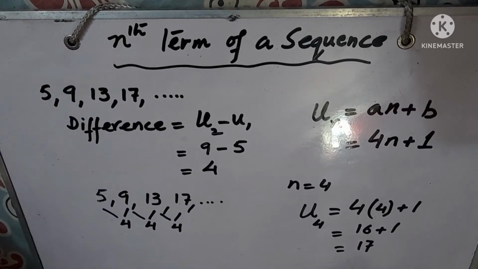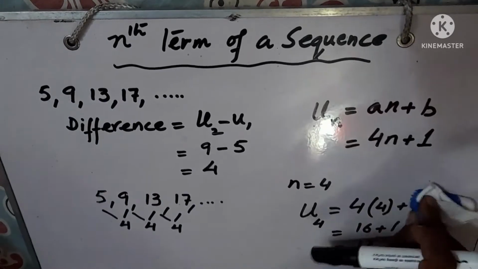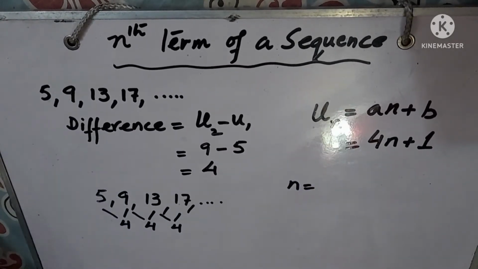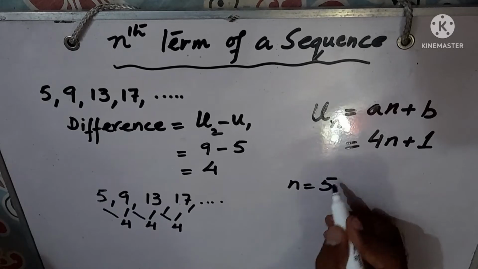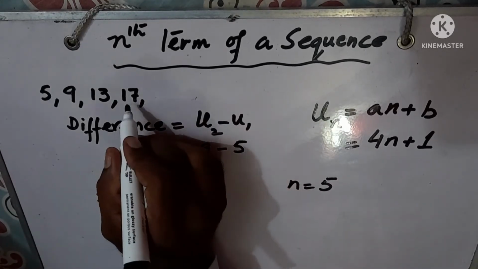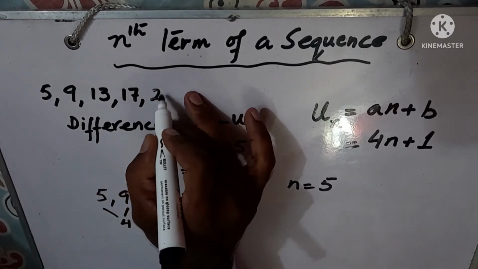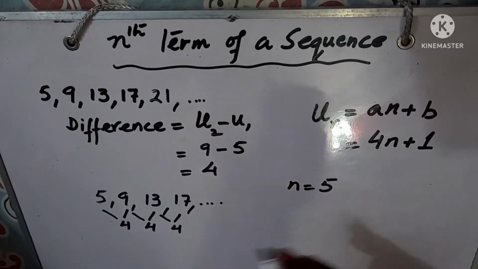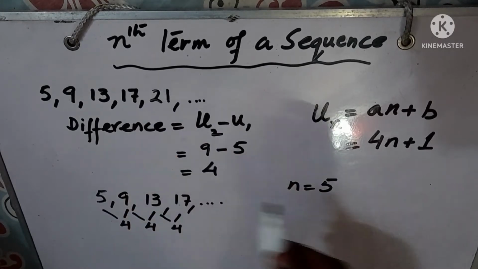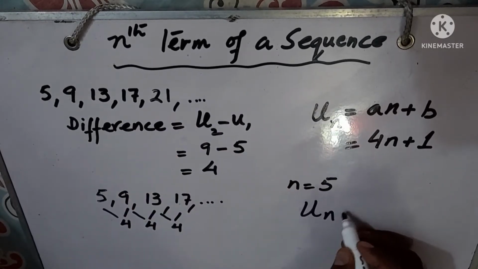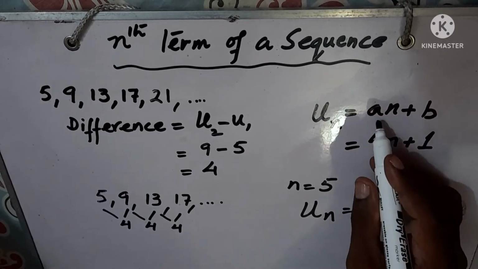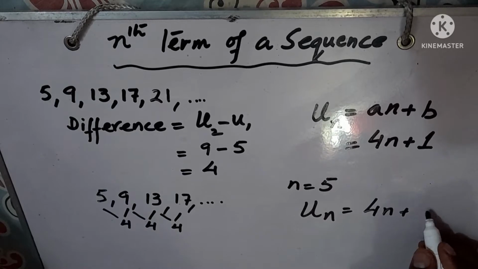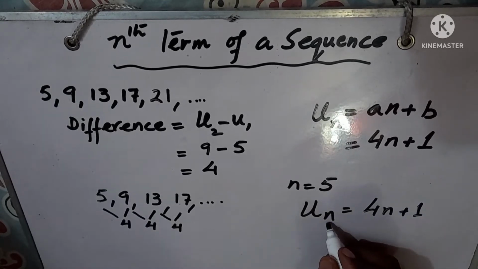Suppose I need to find one more term. I will replace my n with 5, and I know that if I add 4 to 17, I should get 21. So I will substitute my n with 5 and check whether I get 21. I start with un equals 4n plus 1, and replace n with 5.